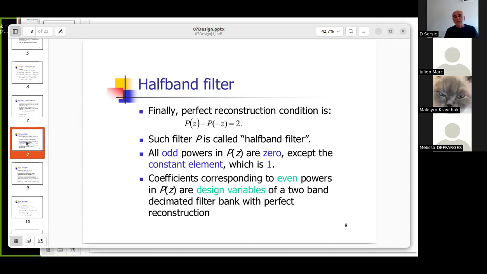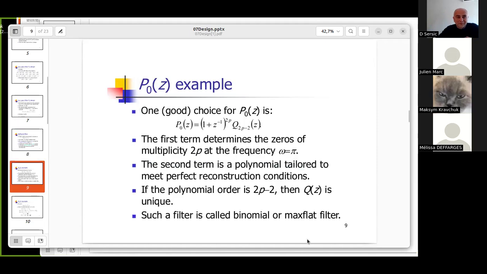You probably know how to divide polynomials and find the factors of some polynomial, but we are designing a filter. So why not start with the factors? Maybe it is a better idea to start with some factors, so that we multiply to get the product filter. So let's do it this way.